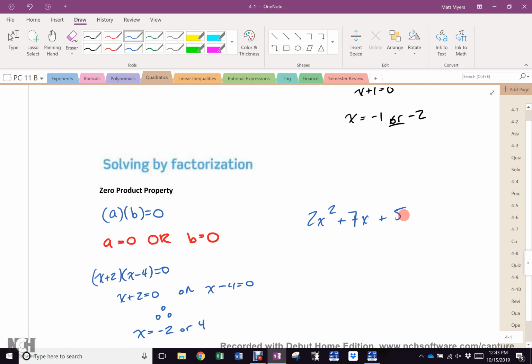In the interest of time, I will be factoring this the way I like to factor it, which is multiply to 10, add to 7. And it is, of course, x plus 5 over 2 and x plus 2 over 2, which gets me 2x plus 5 and x plus 1, right?